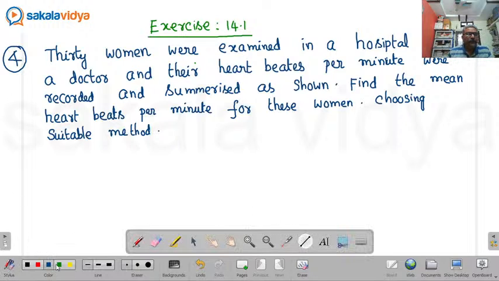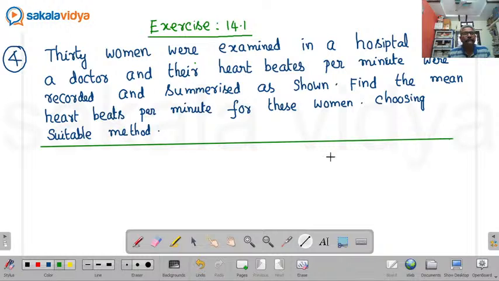Okay, so now first let us prepare the table. What is the table given now here? This is called a frequency distribution table.